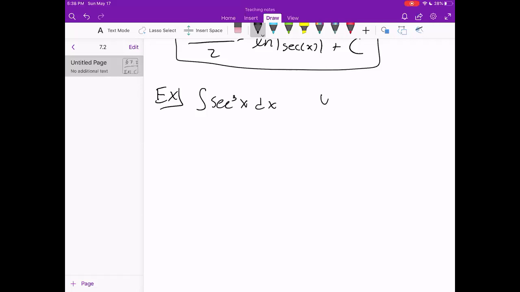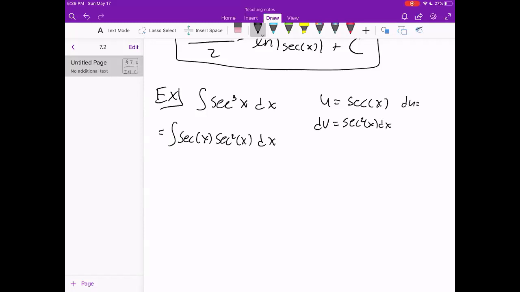I'm going to let u equal secant of x, and then dv will be all the stuff that's left. So I'm separating this into the integral of secant of x times secant squared x dx. If u is secant of x, dv will be everything that's left, secant squared x dx.